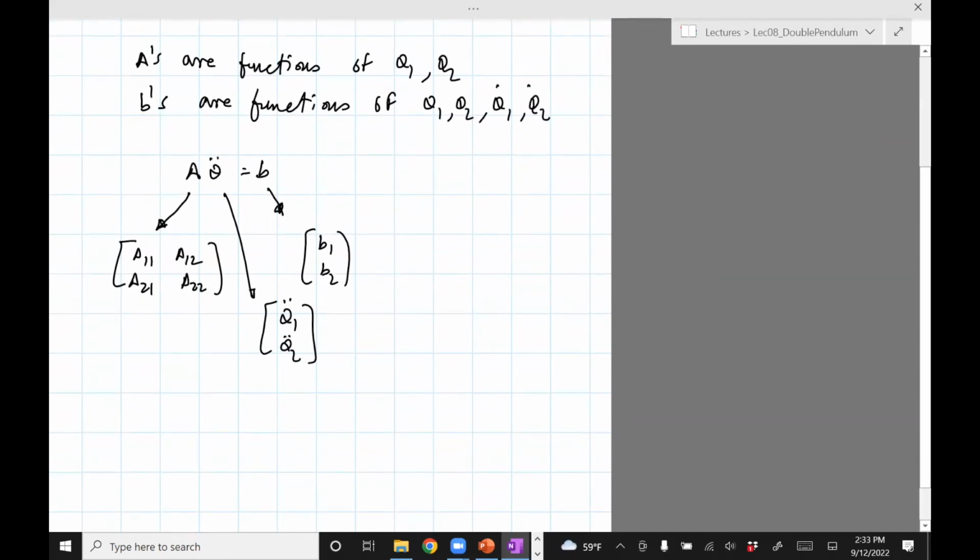So at each time step, we need to solve for theta double dot. It is going to be A inverse times B. Remember for the projectile, we were interested in acceleration, x double dot and y double dot, right? Because those are the 2 degrees of freedom. In this case, we're interested in the acceleration of theta 1, theta 2, that's the theta double dot. And so you will get that, and you need to integrate that once to get velocity, and the second time to get the position.